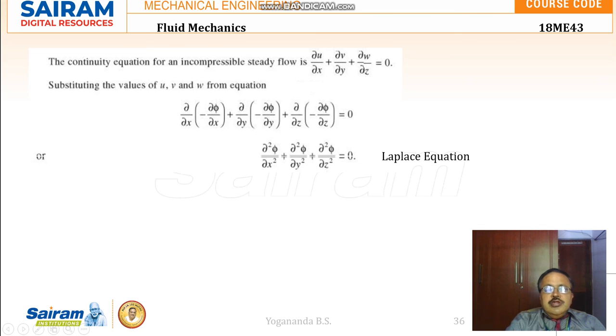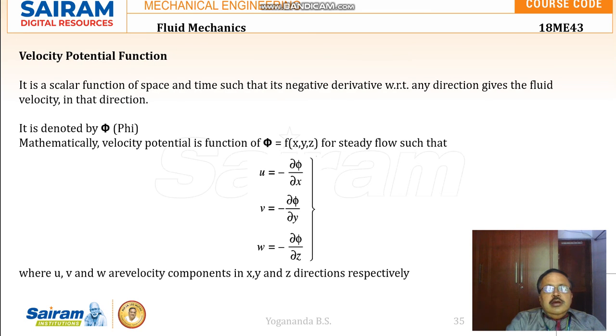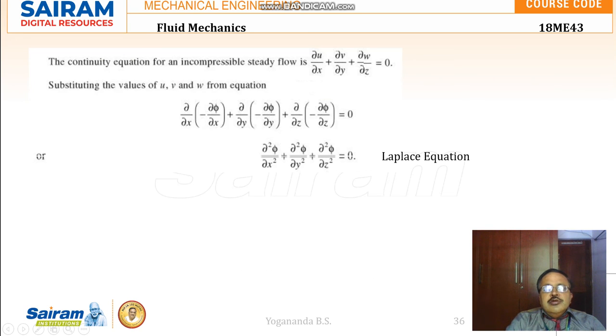Substituting the values of u, v and w, the velocity components in x, y and z directions: in place of u we substitute minus del phi by del x, for v we have minus del phi by del y, and for w minus del phi by del z.